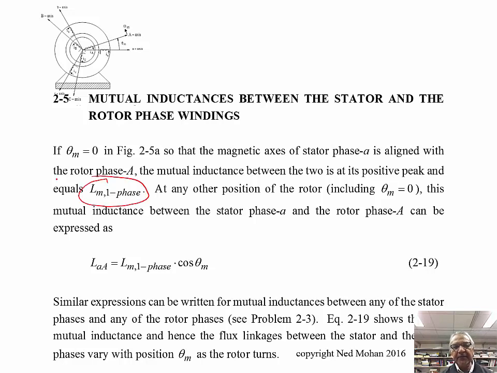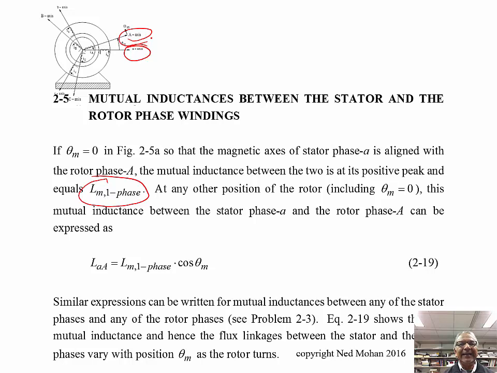Whatever flux is there would be the same whether it's rotor or stator. So the mutual inductance between the two is the same when you have both these axes for phase A of the stator and phase A of the rotor on top of each other.